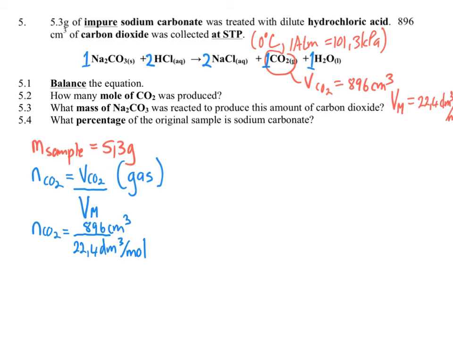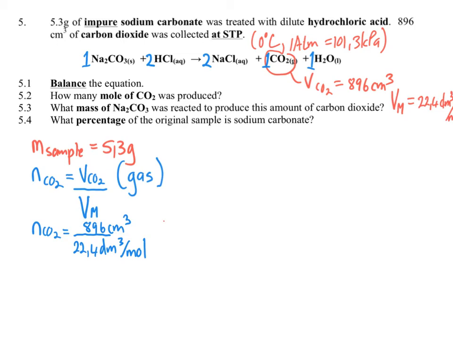Can you see what the problem is? We have the volume of the gas in cubic centimeters, but the molar volume is in cubic decimeters per mole. So we need to convert this to cubic decimeters. So I ask you to pause the video and quickly do that.